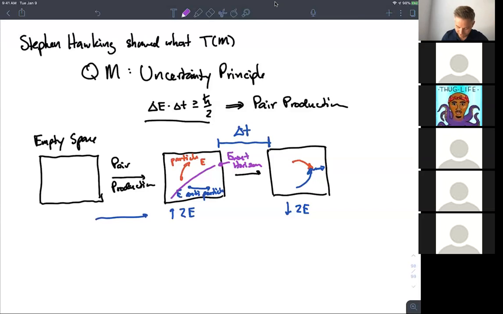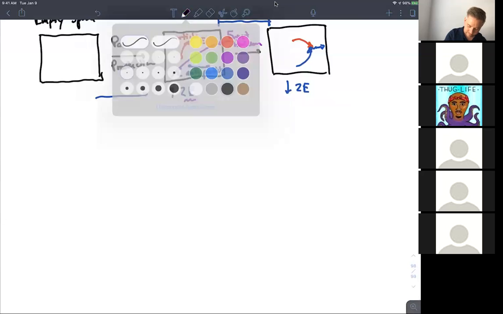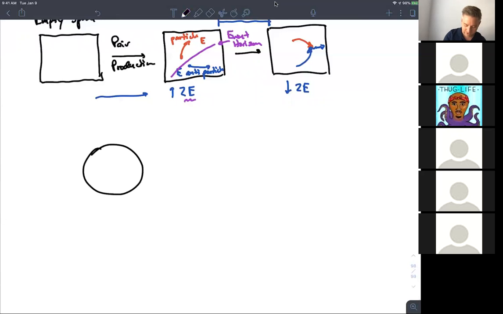So you have used up some amount of energy. Where did that energy come from? It has to come from the mass of the black hole. So in other words, you have a black hole with some mass m, and it is constantly radiating particles away from it because of what's called Hawking radiation.